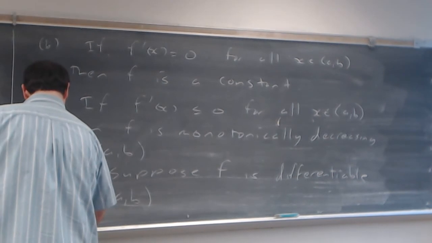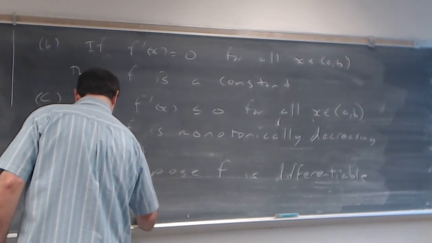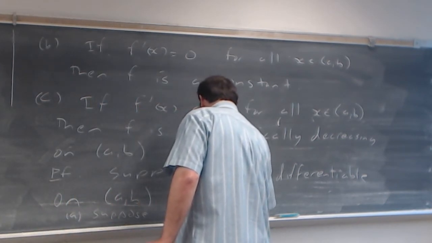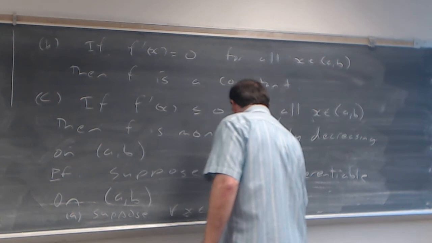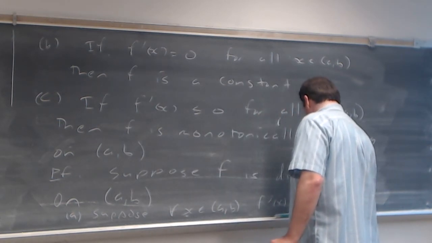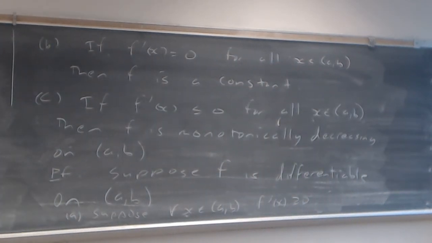And then part A, we're going to suppose for all x element of the open interval from a to b, f prime of x is greater than or equal to 0. Okay. We want to show that f is increasing.